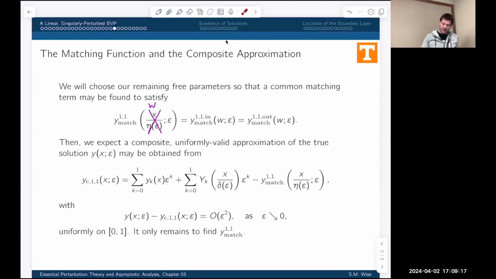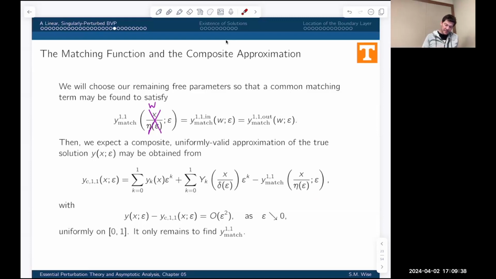Because both the outer and inner solution have this guy somewhere buried in its DNA. So since I'm summing them both up and making them valid on the same region, I have to subtract off that so I don't double count.